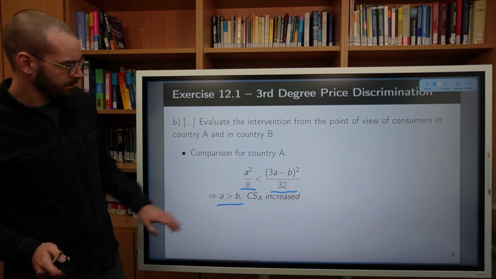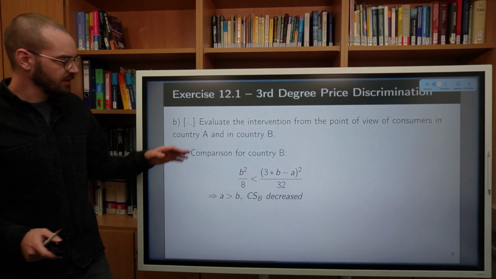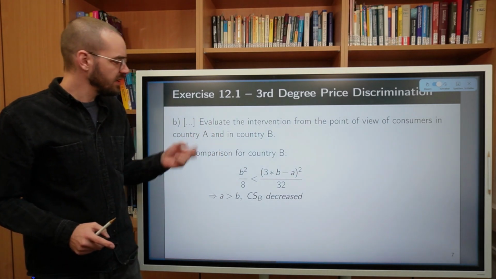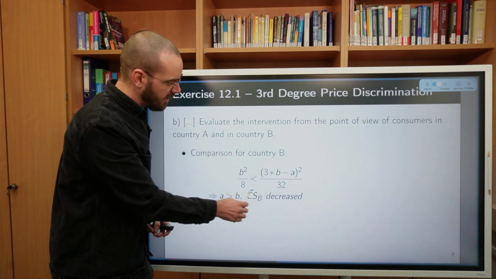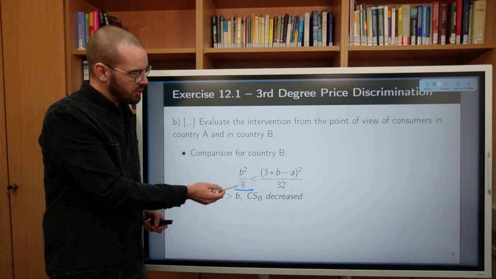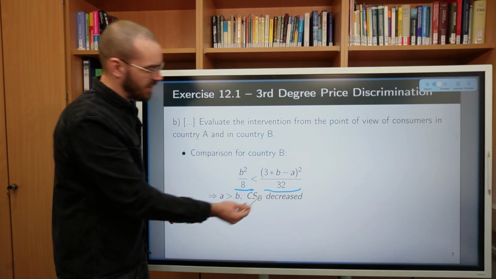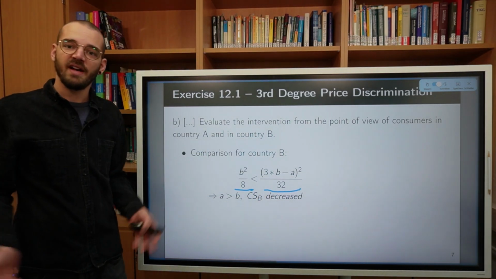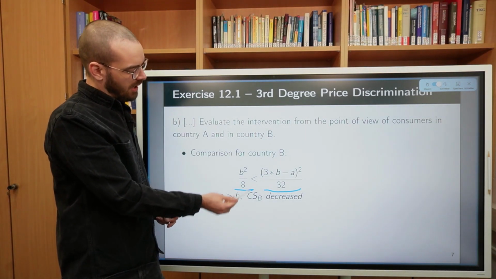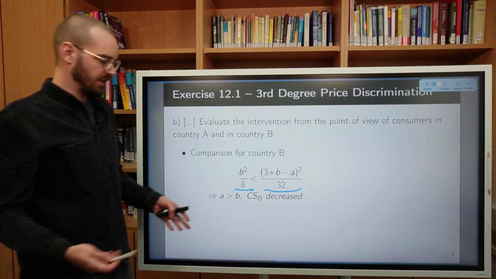Right, and of course the same method can be applied when evaluating the intervention from the point of view of consumers in country B. So again, we are comparing consumer surplus of consumers in country B in a situation with price discrimination, so from task A, to a situation without price discrimination, so from task B. And what we want to find out is under what conditions is consumer surplus smaller with price discrimination than it is without price discrimination.